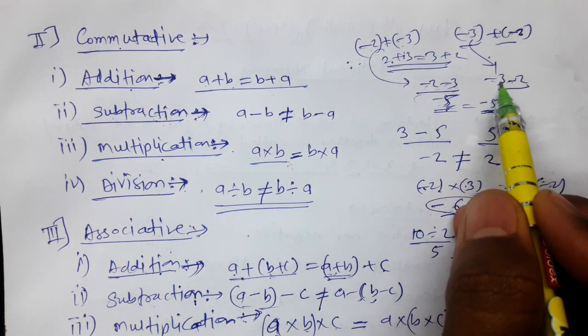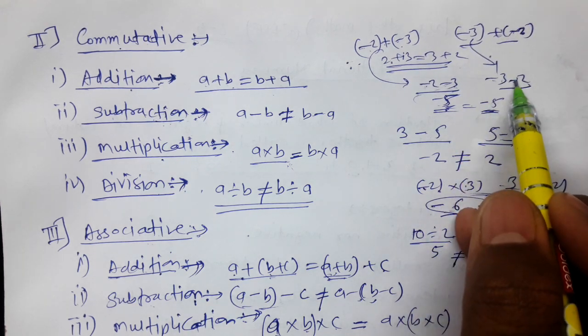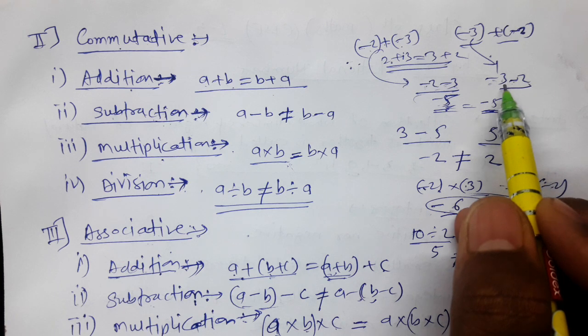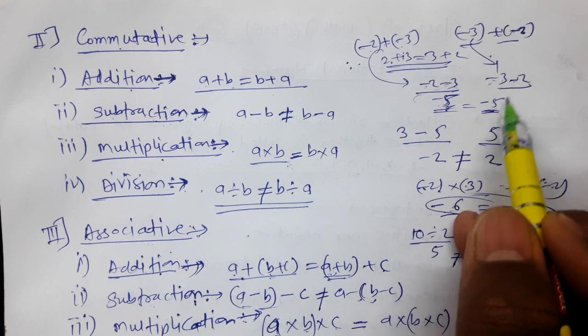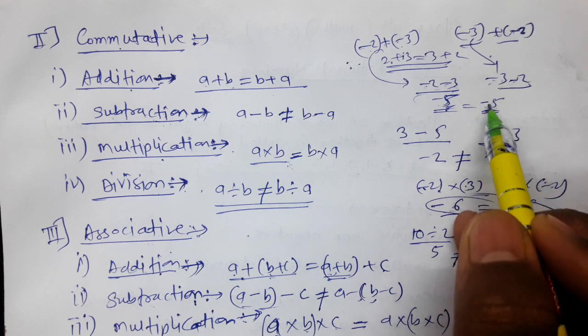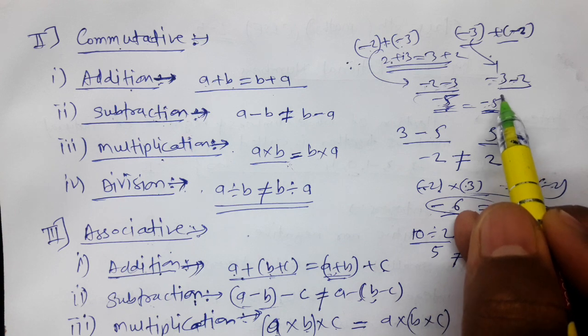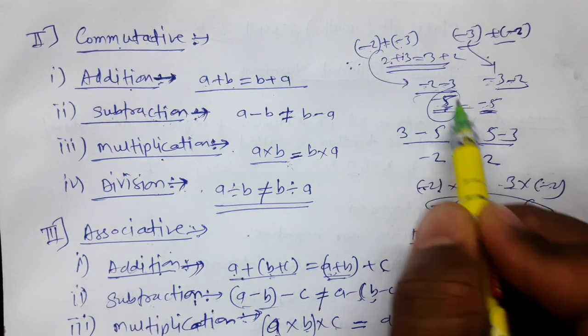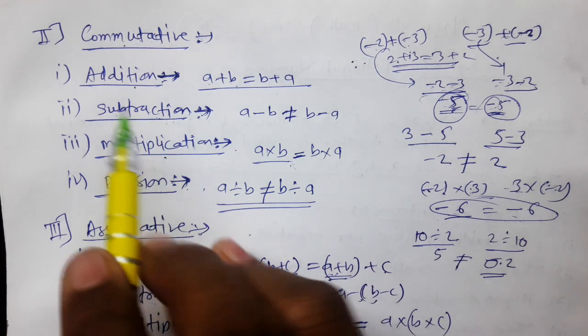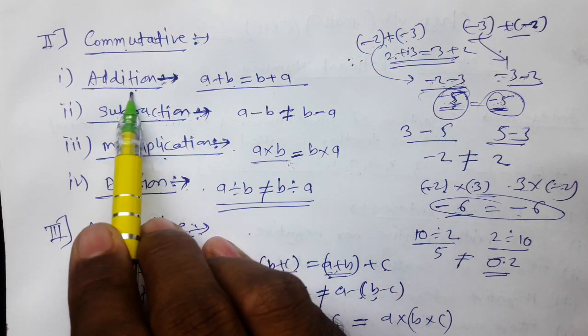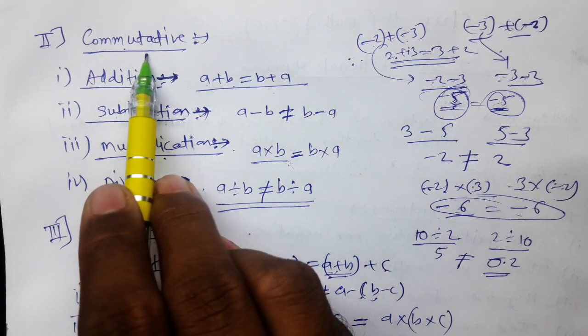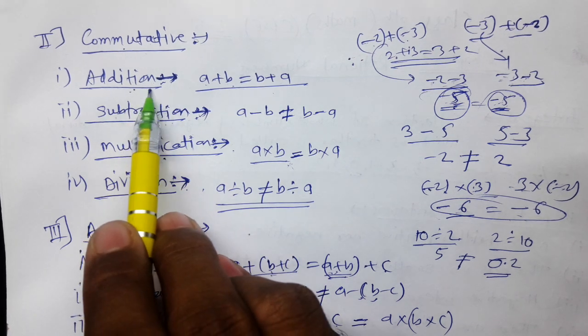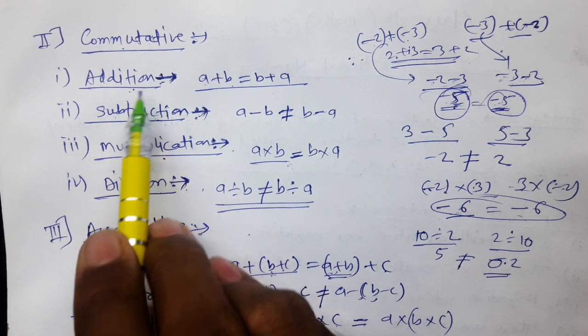Here also -3 plus -2, same sign, so we add them. 3 plus 2 is 5, with the greater number's sign, -5 will be the result. So in both cases we get the same result. So we can say that addition of integers is commutative.